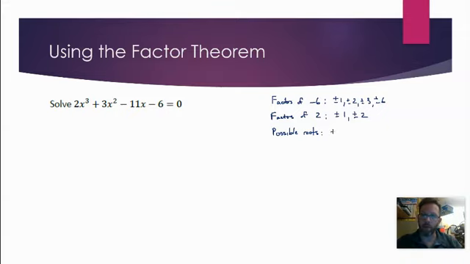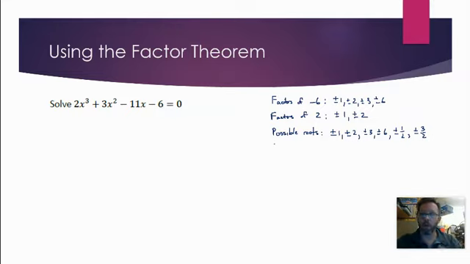So obviously that's plus or -1, plus or -2, plus or -3, plus or -6. But also you could have 1/2, 2/2, 3/2, or 6/2. So you could have 1/2. 2/2 is just 1. We have that case covered. 3/2. And then 6/2 is 3. So we have that covered.